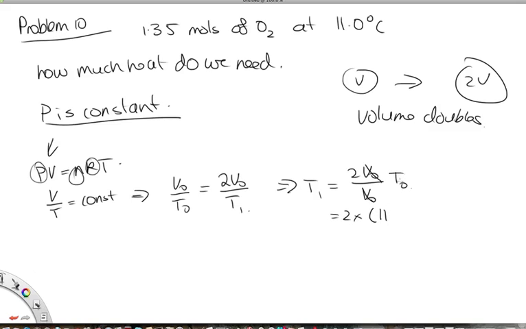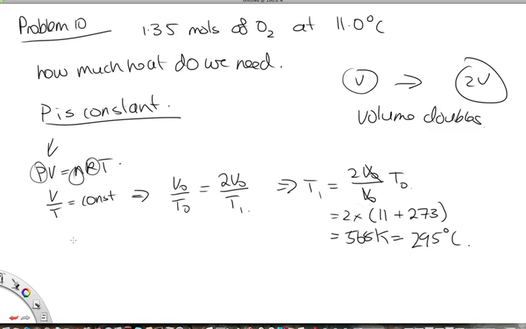So this is the temperatures in kelvins. So this is 2 times (11 plus 273), which tells us that the new temperature is 568 kelvins, which is 295 degrees C. Okay, so we've got the change in temperature now.